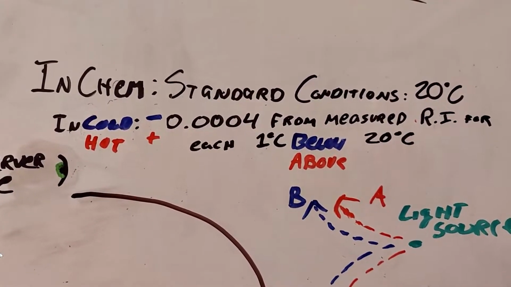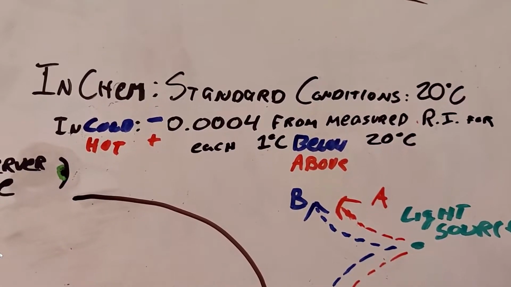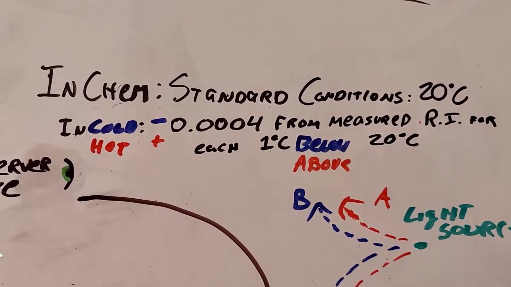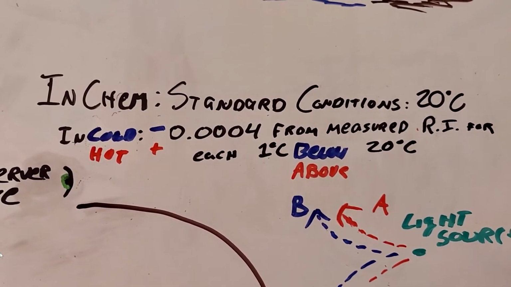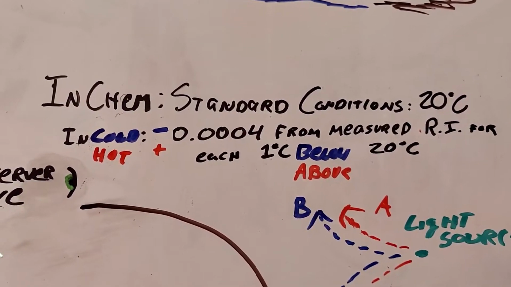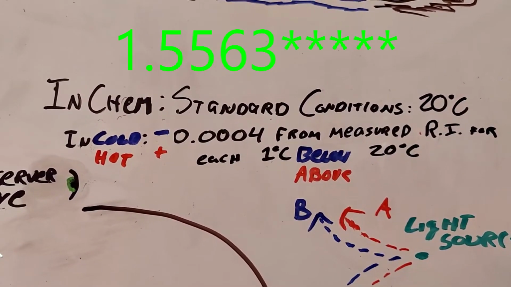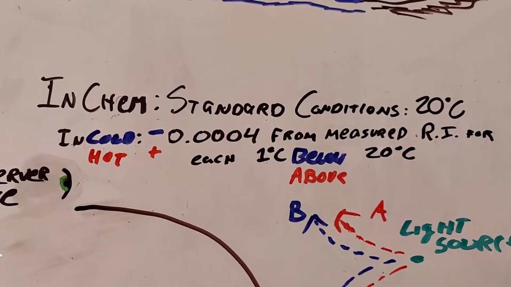So if you measured 1.5567 at 20 and you go down to 19 degrees, you would subtract 0.0004 and you would get 1.5563. So your refractive index would go down.